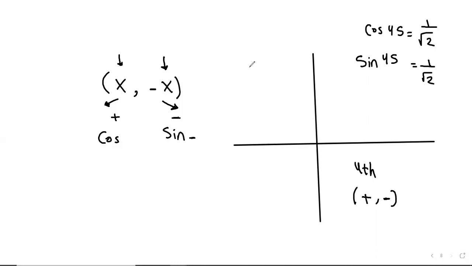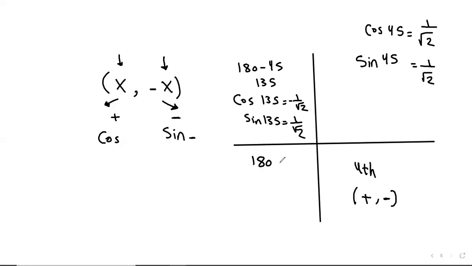In the second quadrant, the angle is 180 minus 45, which is 135. So cosine 135 is negative 1 over root 2, and sine 135 is 1 over root 2. In the third quadrant it is 180 plus theta, so 180 plus 45 is 225.